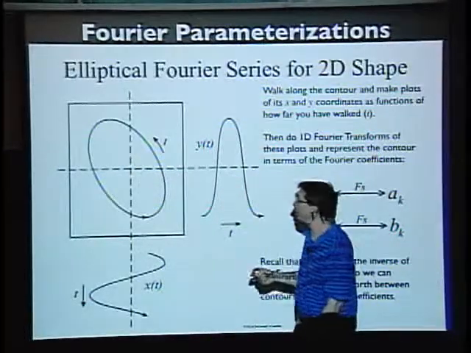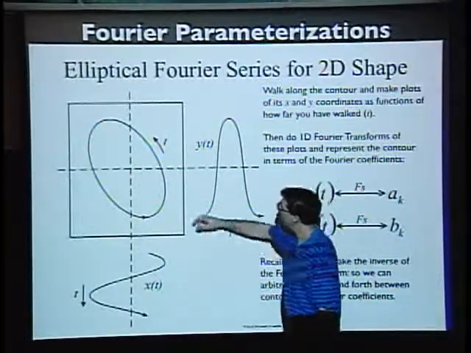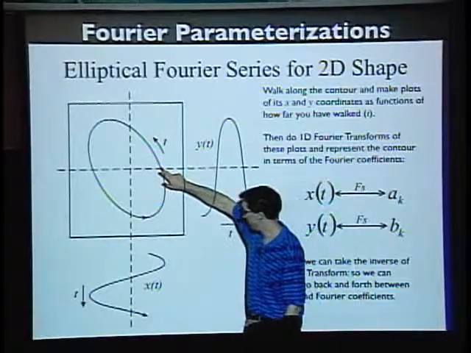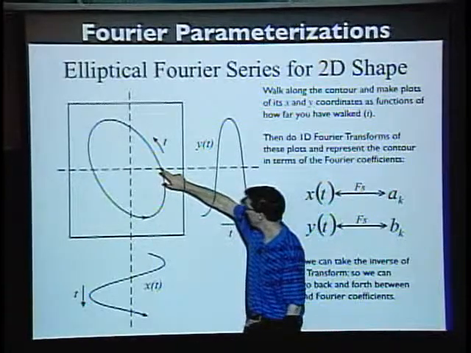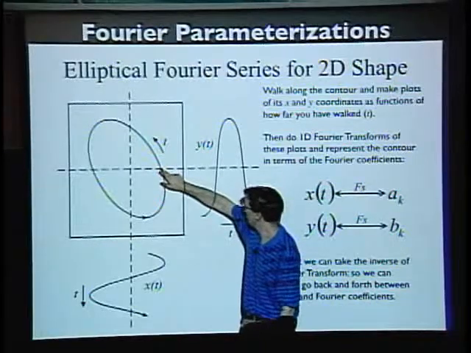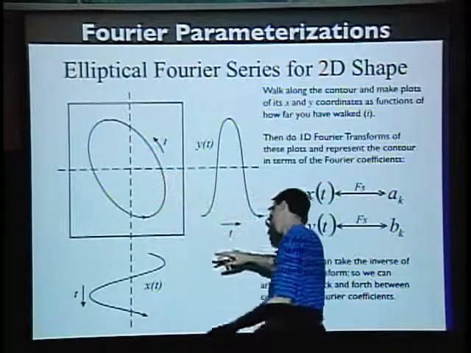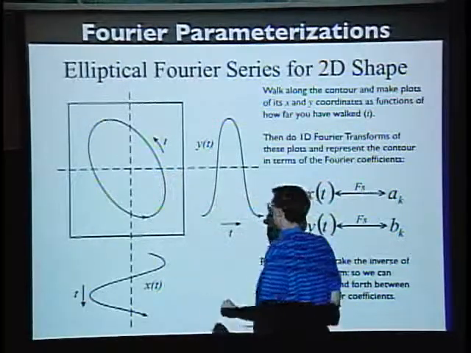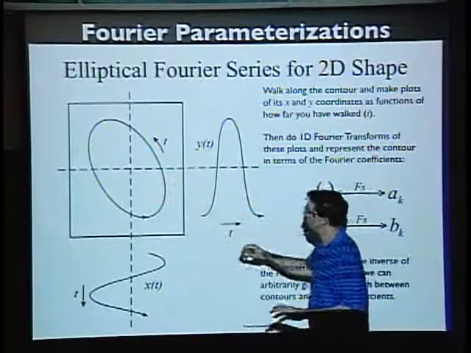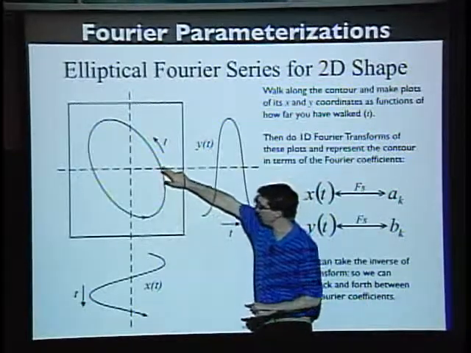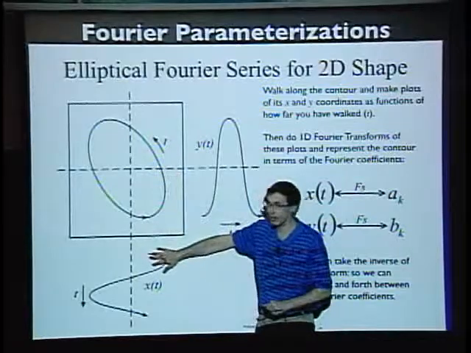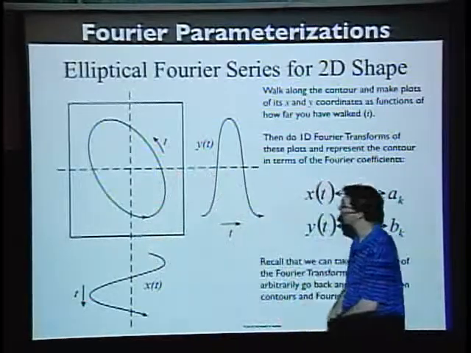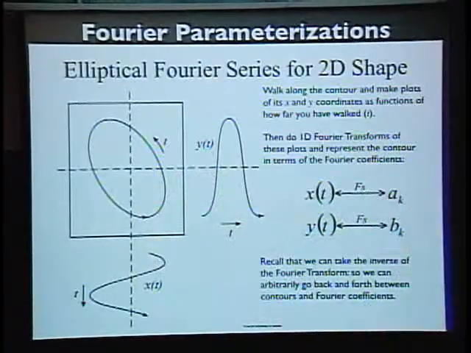So at the very beginning, your x-coordinate is some medium-high value, and the y-coordinate is 0. What you can do is plot your x-coordinate as you're walking along in one plot, and your y-coordinate in another plot.